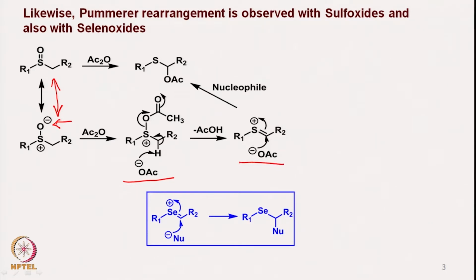In this particular case, acetate is the nucleophile. So, when the reaction occurs, you get an alpha acetoxysulfide, or say alpha functionalized sulfide.